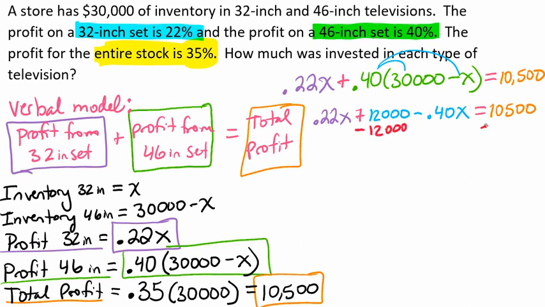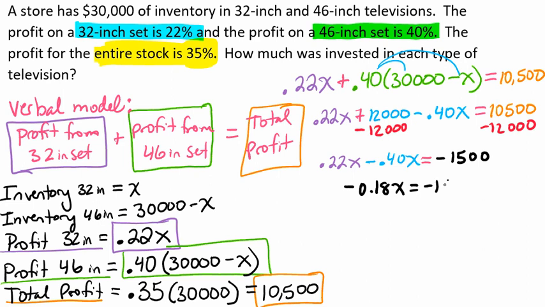So we'll subtract our 12,000, and that's going to leave us with 0.22x minus 0.40x equals negative 1,500. So when we combine our 0.22x minus our 0.40x, that gives us a negative 0.18x. We'll set that equal to a negative 1,500.